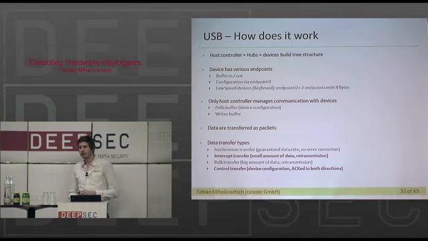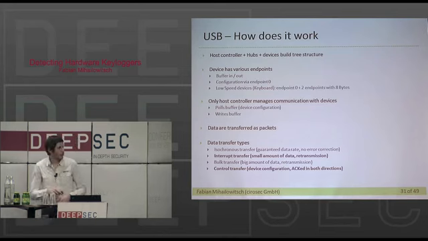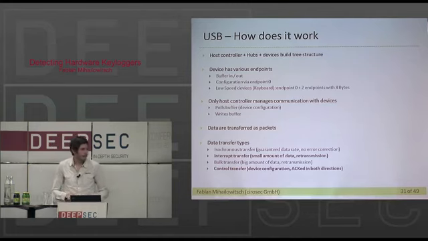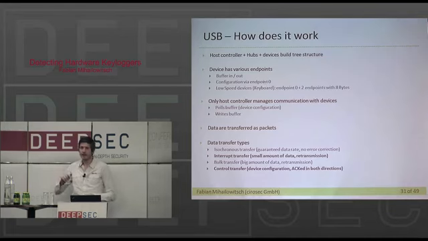And the data transferred for USB are transferred as packets in 4 different transfer types. Interesting for us are only interrupt and control transfer. You basically have isochronous transfer and bulk transfer too, but we will just skip them. Interrupt transfer is used once a key is pressed and it is sent to the system.